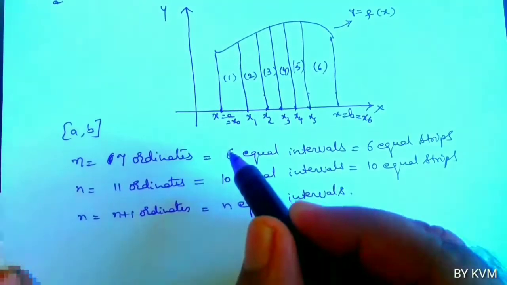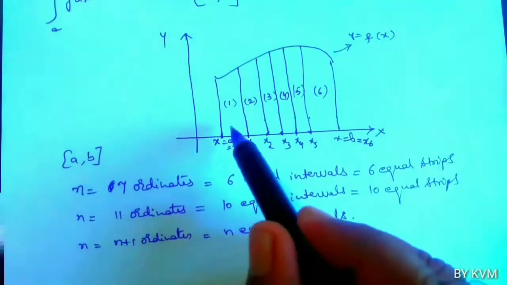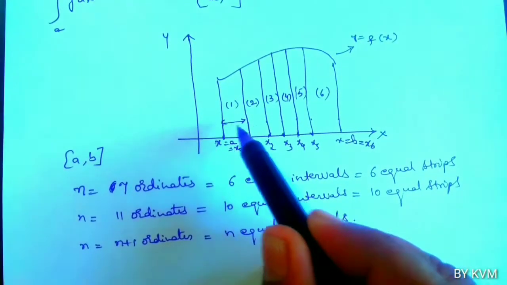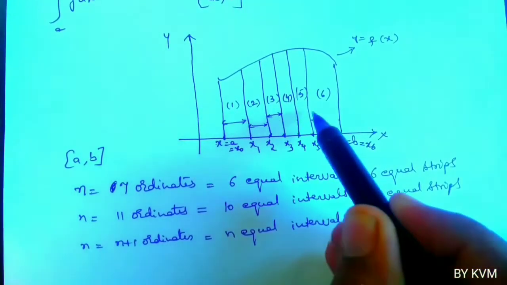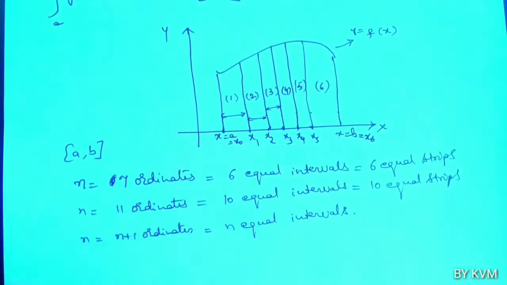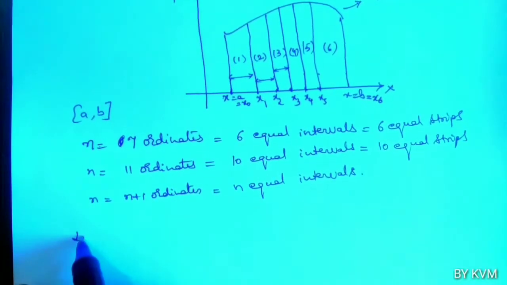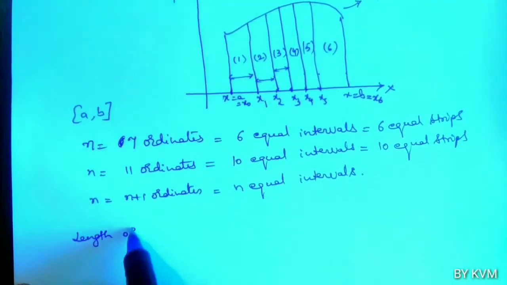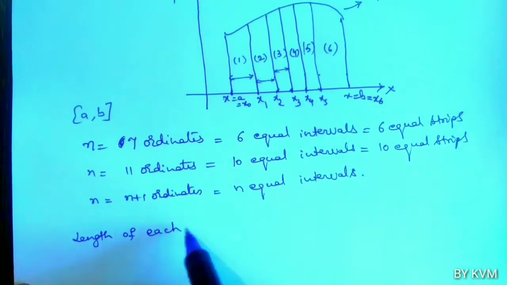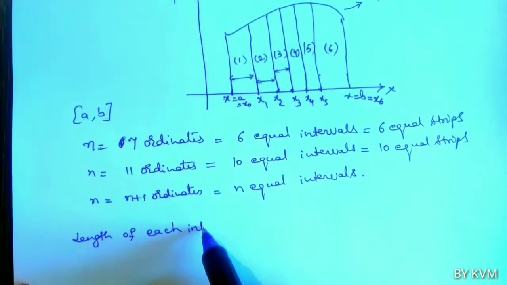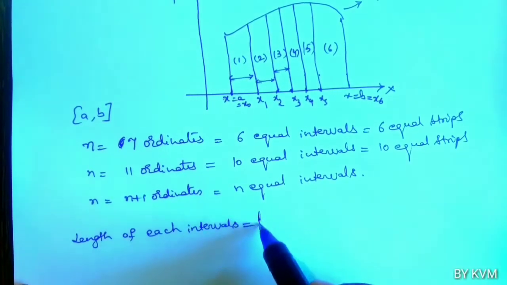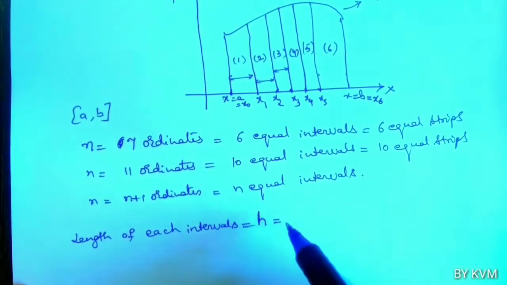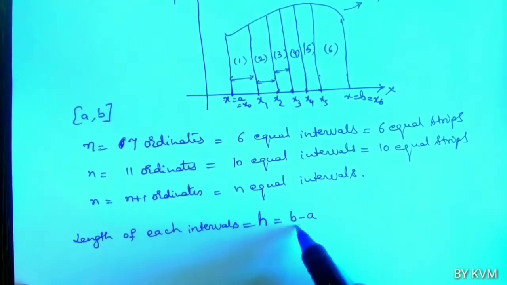Now we can calculate the length of each interval. Here the lengths of the intervals are equal, so the length of each interval should be the same. The length of each interval is denoted by h equals b minus a by n.